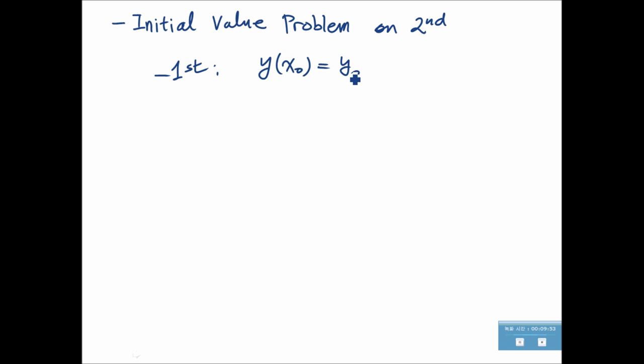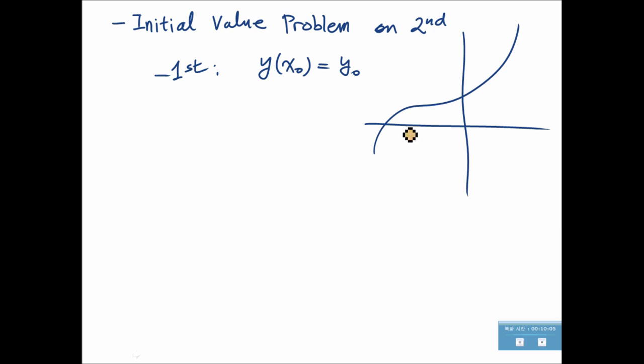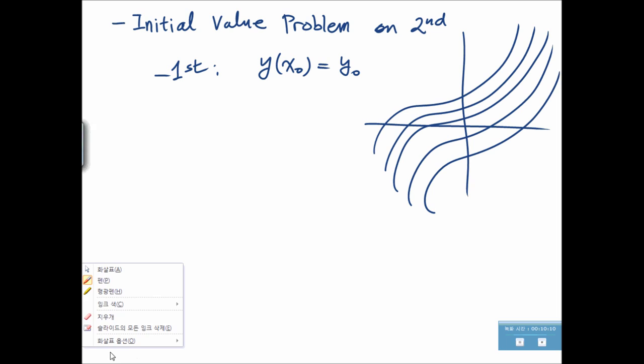That's the initial value condition, and that really picks the particular solution out of the family of solutions. Here, let's say x naught, y naught. You're specifying the particular solution out of that family of solutions. That's the meaning of initial value.